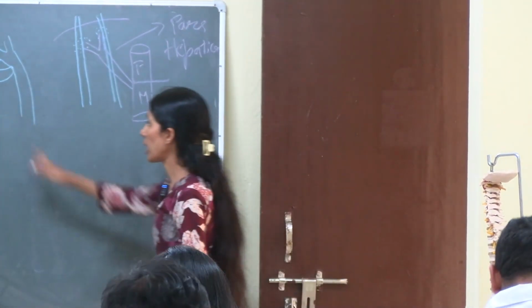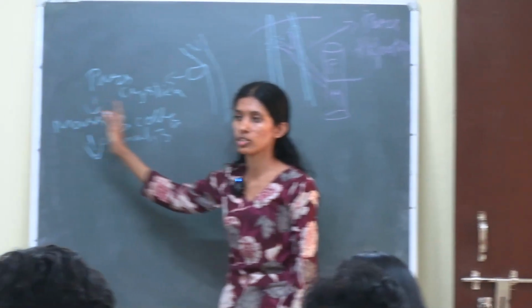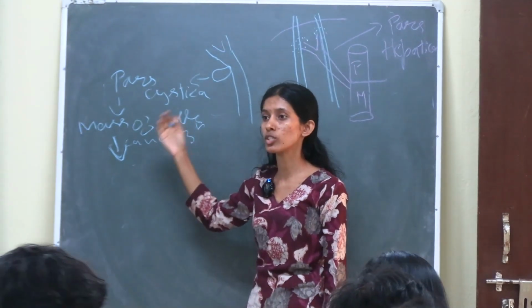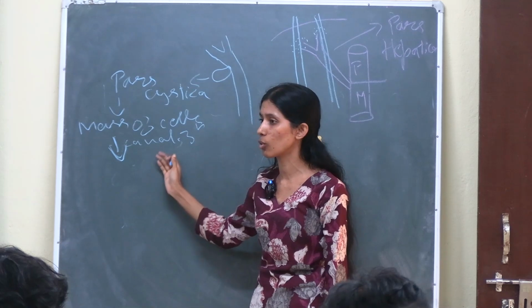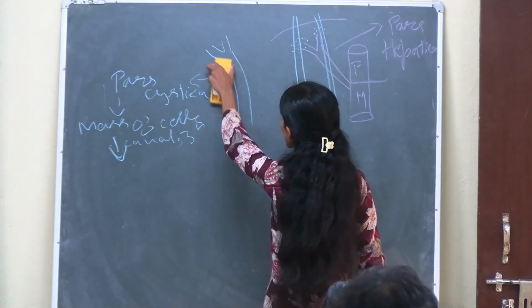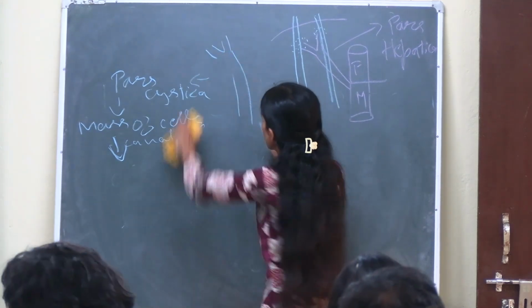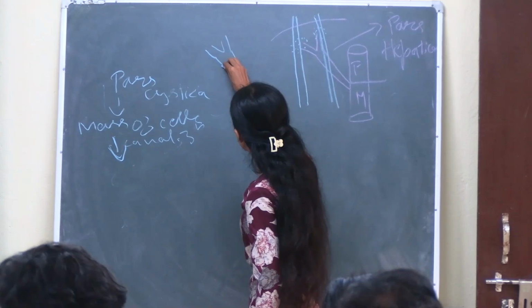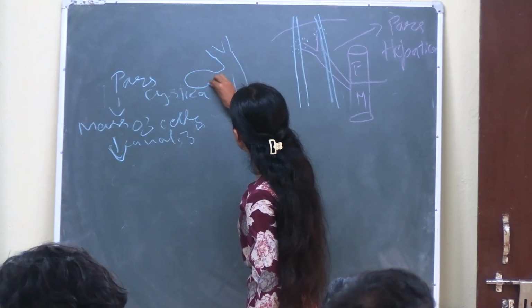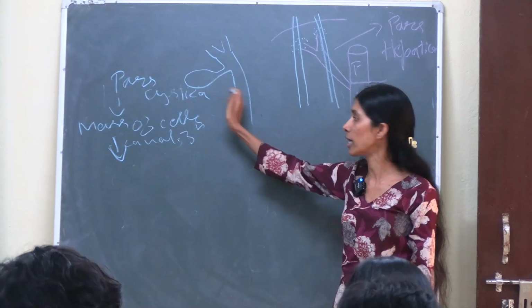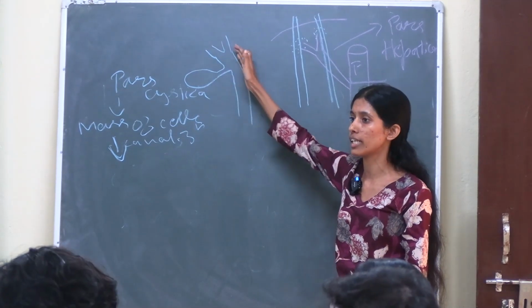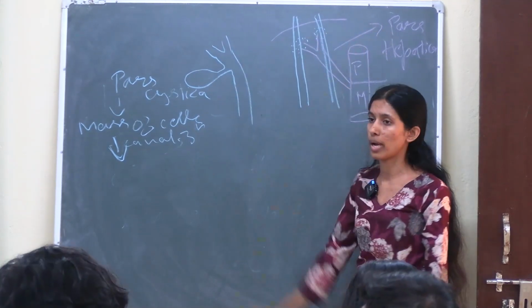Okay. So your pars cystica is nothing but a mass of cells. During the beginning of the 4th week, it undergoes canalization and the structure will change like this. It will give us a small dilated part and a small duct part connecting into your pars hepaticus.